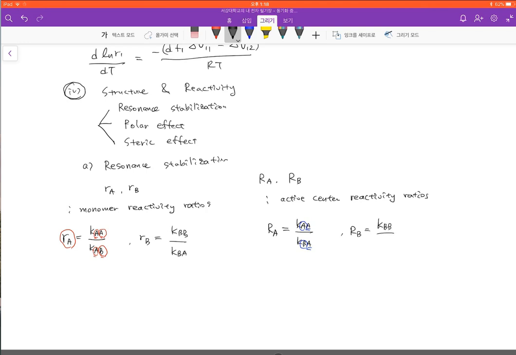Here, since we have the same monomer A and different radicals A and B, RB is equal to KBB over KAB. So these four terms are related to each other. For example, ra is KAA over KBB times RB.